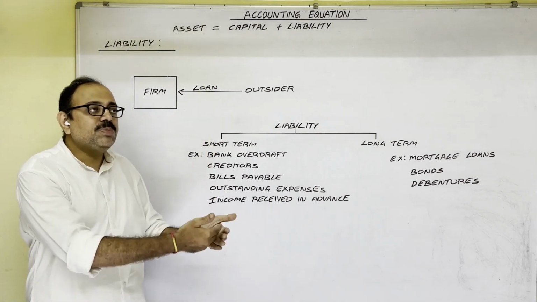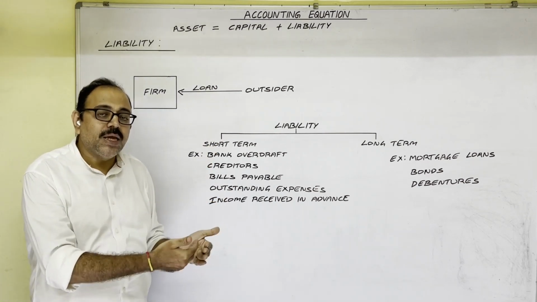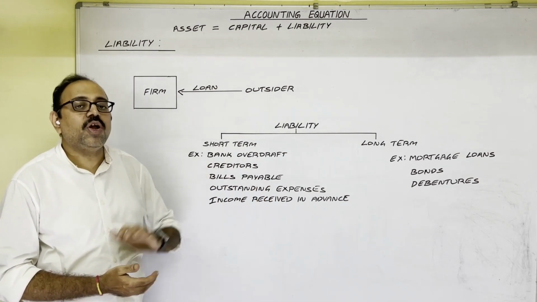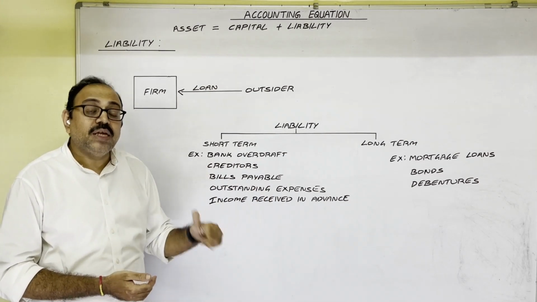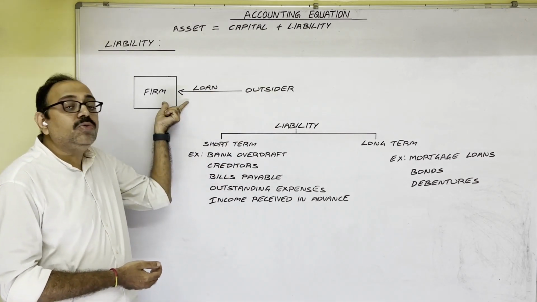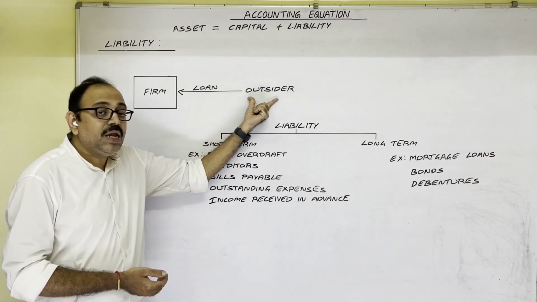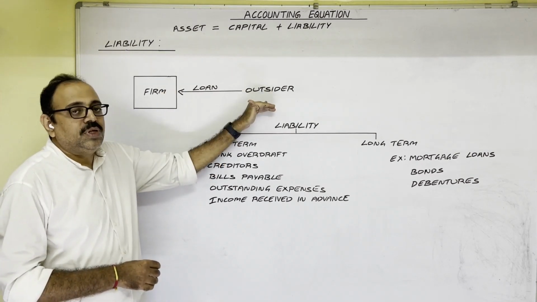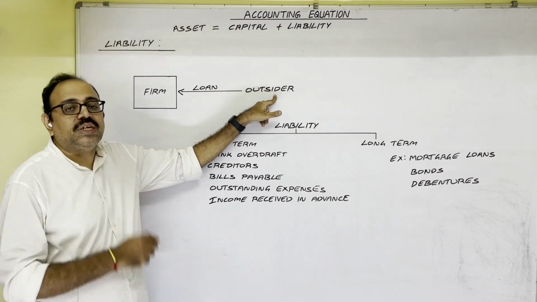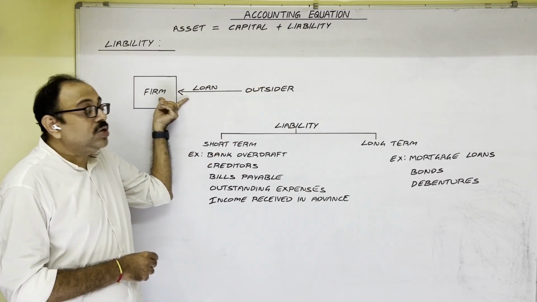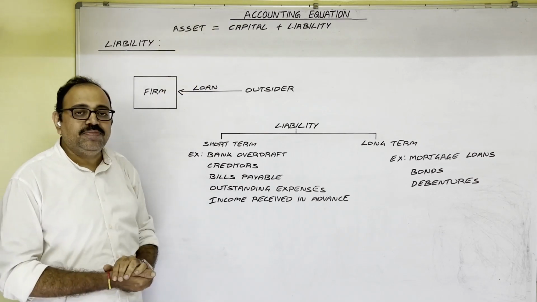Otherwise, the firm is buying raw material from a supplier on credit. So here the firm is taking a loan in the form of raw material and the supplier is an outsider of our firm. So from an outsider we are buying goods. Then that supplier comes under creditor. Because we are due to him, the creditor is one outsider. From creditors, when we take a loan, that also comes under liability.